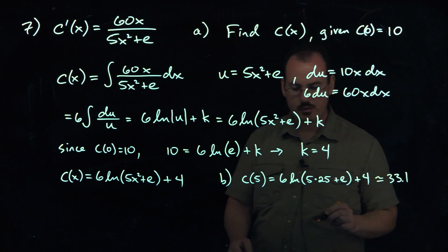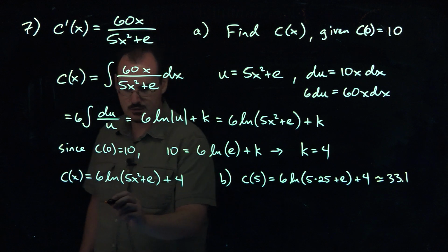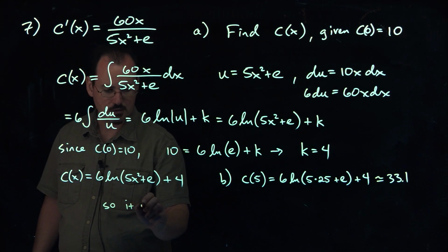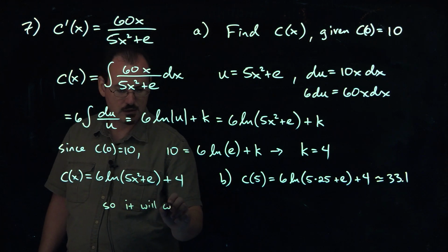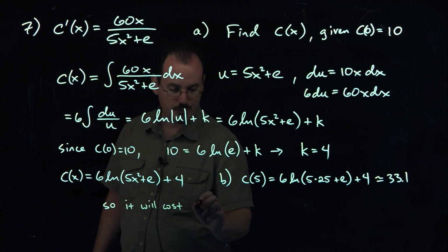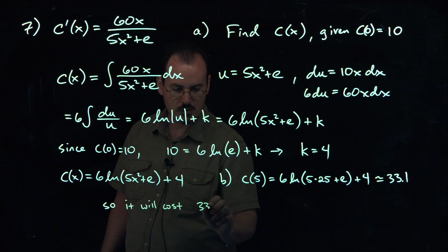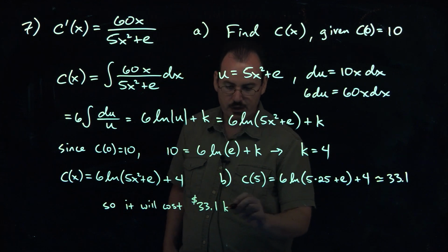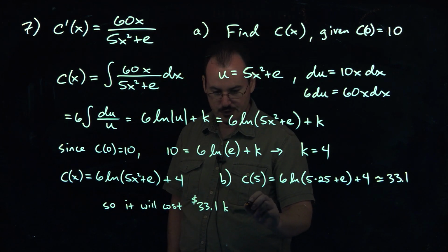So 33.1, remember this is in thousands, so we'll say it will cost $33.1 thousand to produce 5 units.